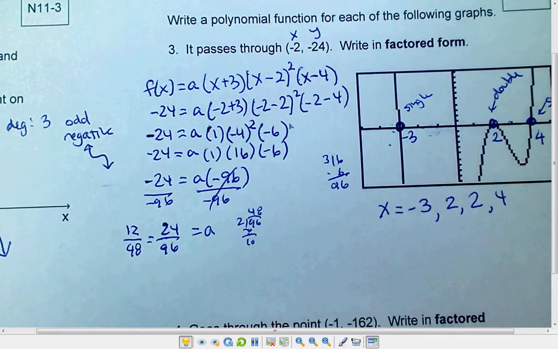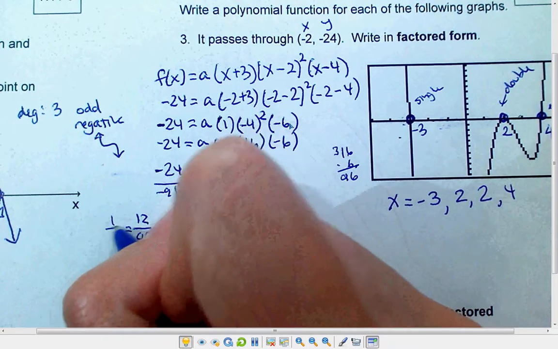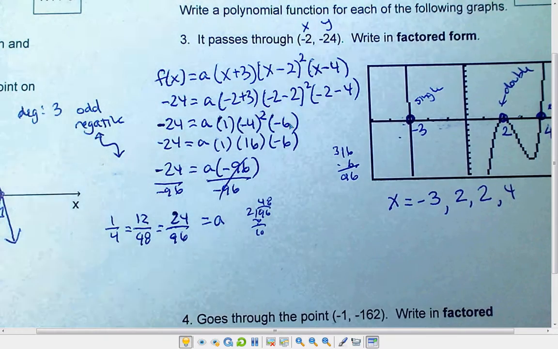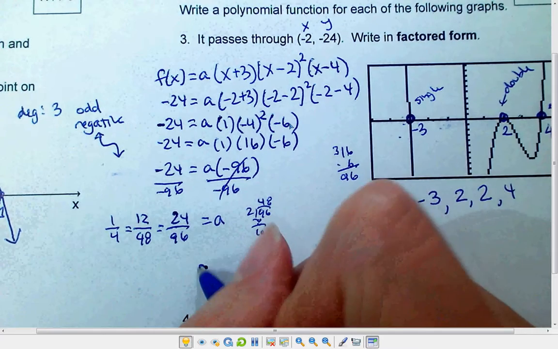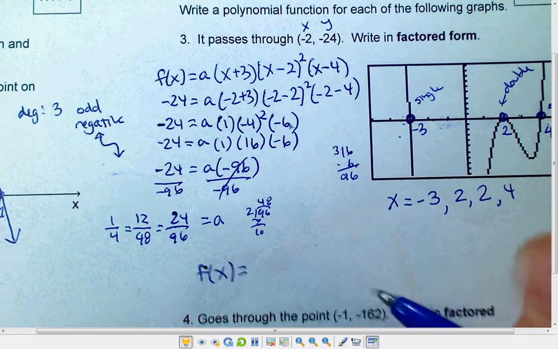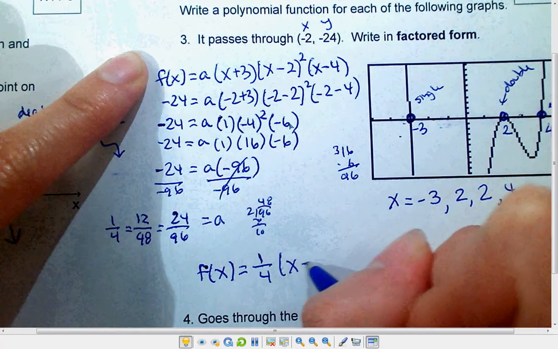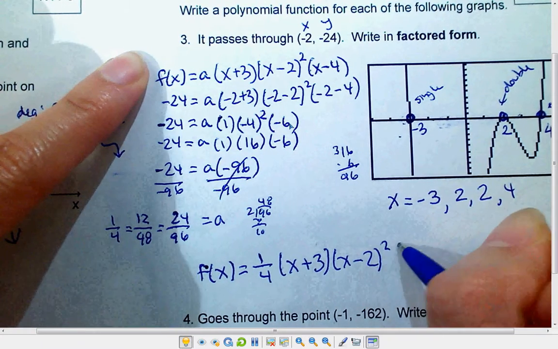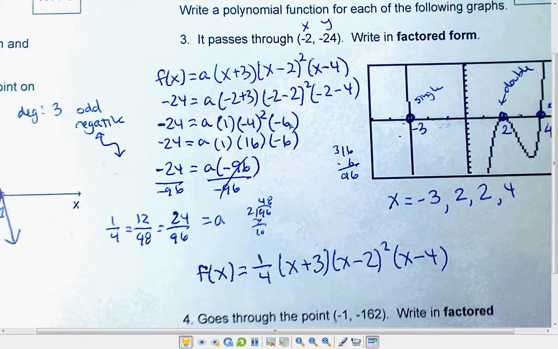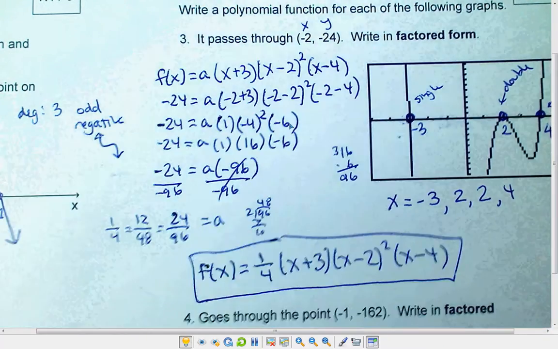And then both of those can be divided by 12, and it'll give me 1 over 4. So my a value is just 1/4. And now all I have to do is plug this back into my original equation. So I have 1/4 (x plus 3)(x minus 2) squared (x minus 4), and they want it in factored form, so this is my final answer, and I am done.